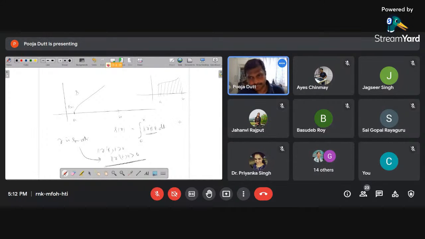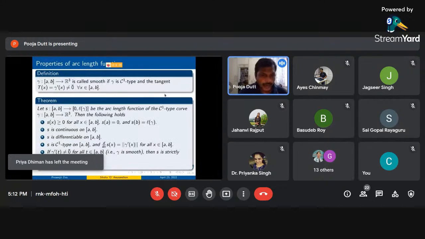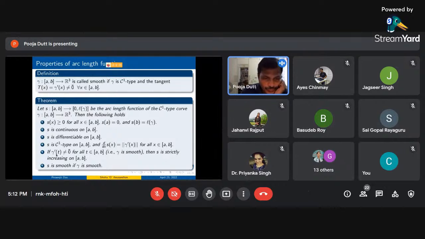Never 0. It is 0 only at a. Otherwise, at any point x in between A and B, you will always get a finite value, which is non-zero. That's how, when gamma is smooth, the function S is strictly increasing.